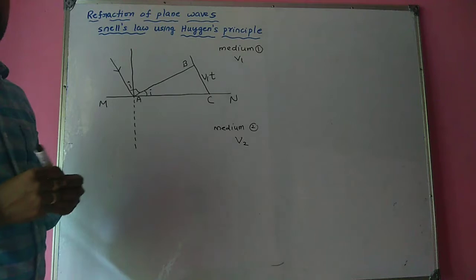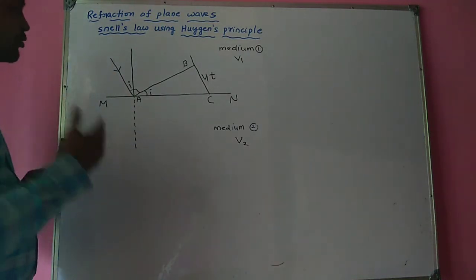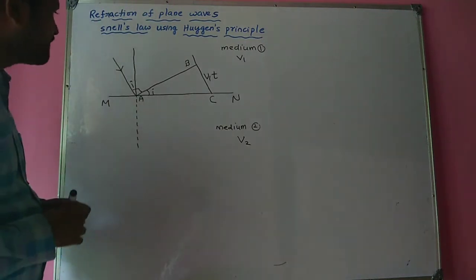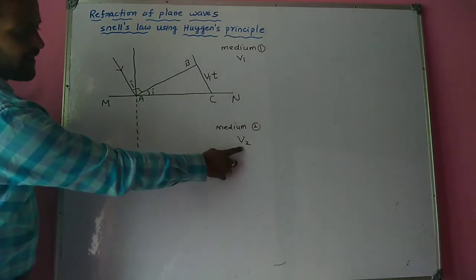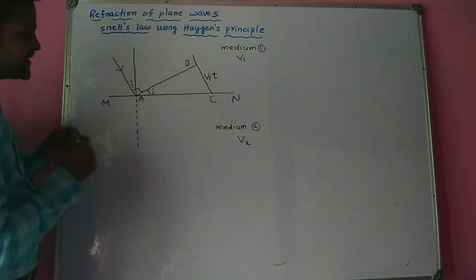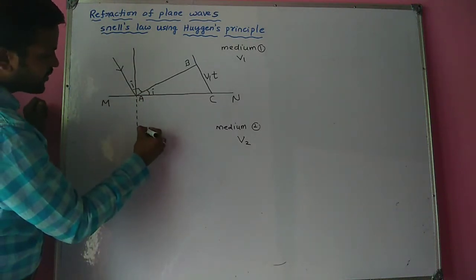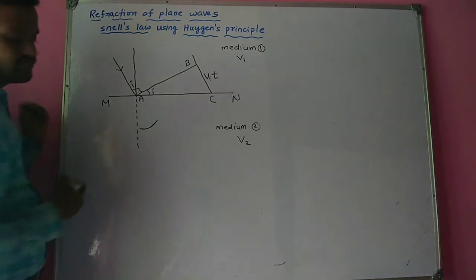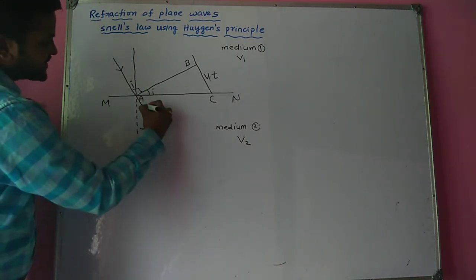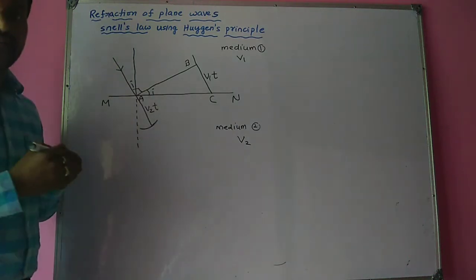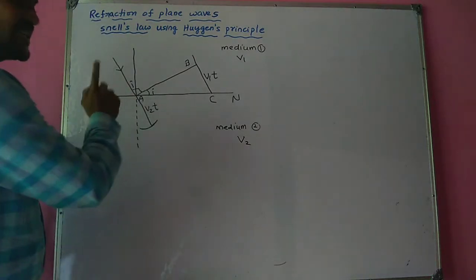Now let us draw the refracted wavefront. We have to draw the first sphere with a distance of v2 into t, because v2 is the speed of the wave in the second medium. From the point A, let us draw a sphere. The distance from A is v2 into t, where t is the time.